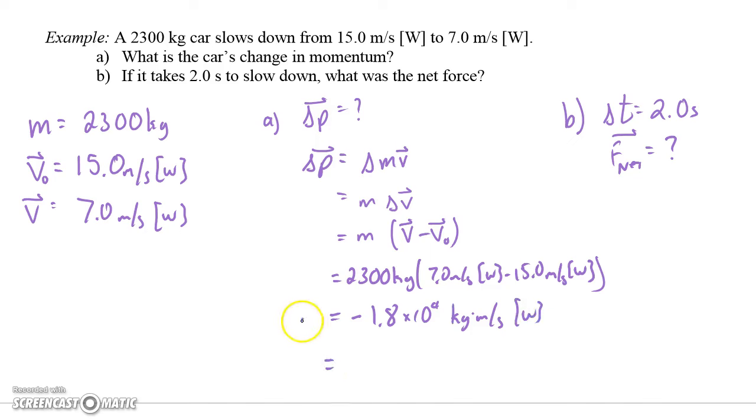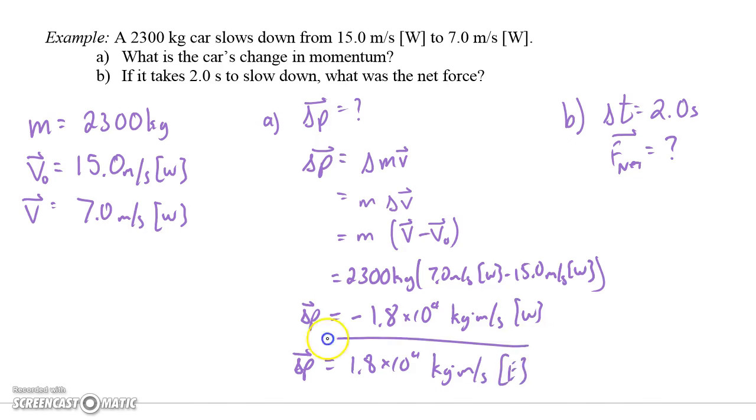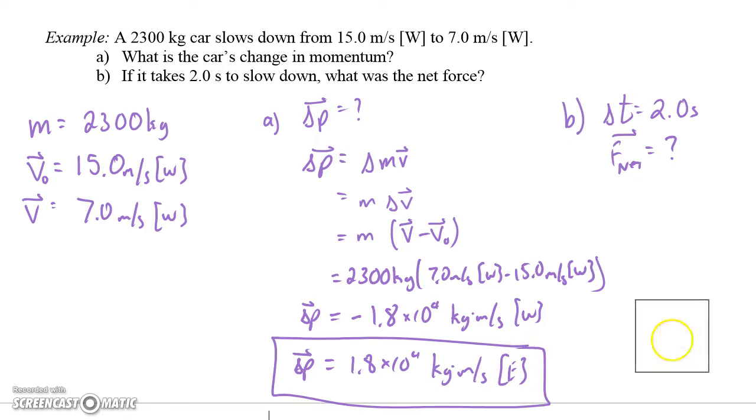You can also certainly write this as the change in momentum is 1.8 times 10 to the 4 kilogram meter per second east. So we figured out the change in momentum. That's A.